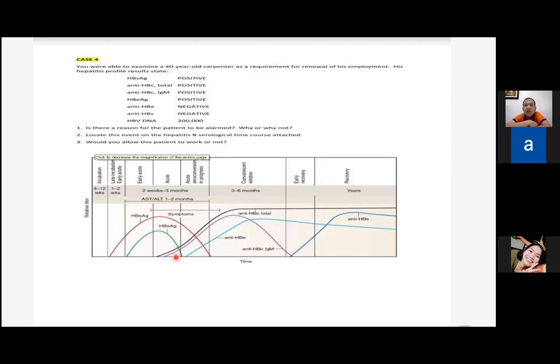So first and foremost, the healthcare workers, anything that deals with needles, blood, no? Med techs, nurses, doctors, those are the jobs that are high risk, no? So, but what's the job of this patient? Carpenter, no?